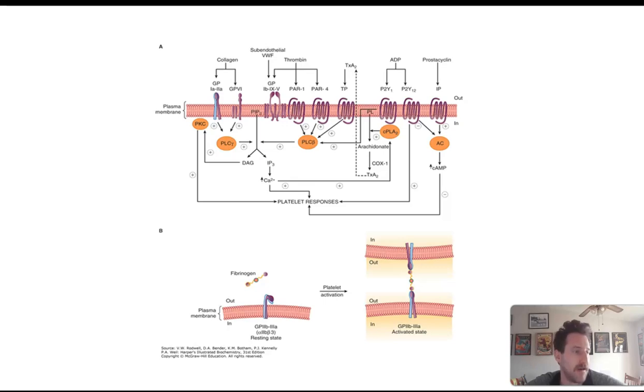This is best seen on the bottom of the image labeled B. You can see glycoprotein 2b3a has a resting state versus its activated state. Fibrinogen, or factor 1, in our blood causes the platelets to bind each other when this receptor is in its activated state to form the platelet plug. So you can see in the resting state, fibrinogen is just hanging out, and then in the activated state, it helps the platelets bind each other.